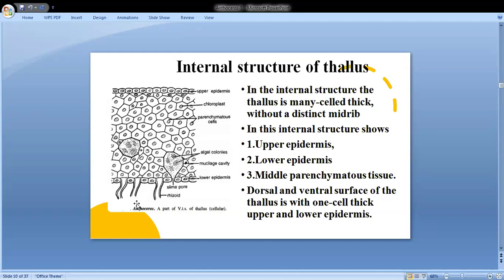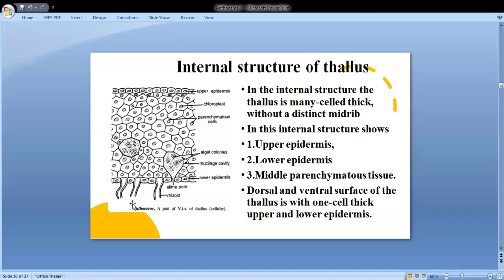Did you note it down yesterday? What are the parts in the Marchantia thallus structure? You don't know? Forgot, ma'am.